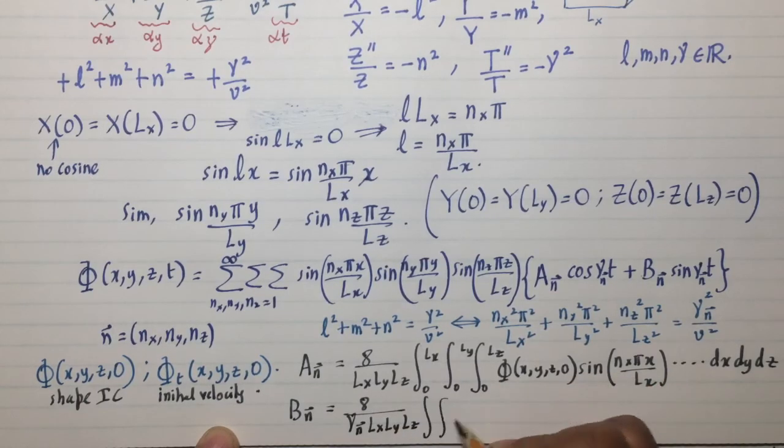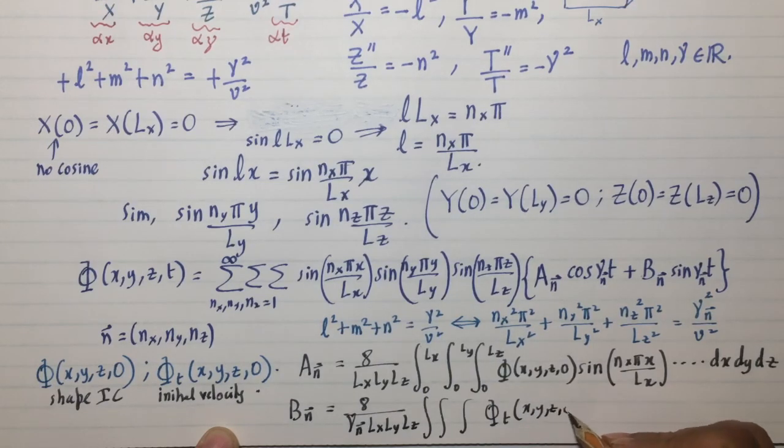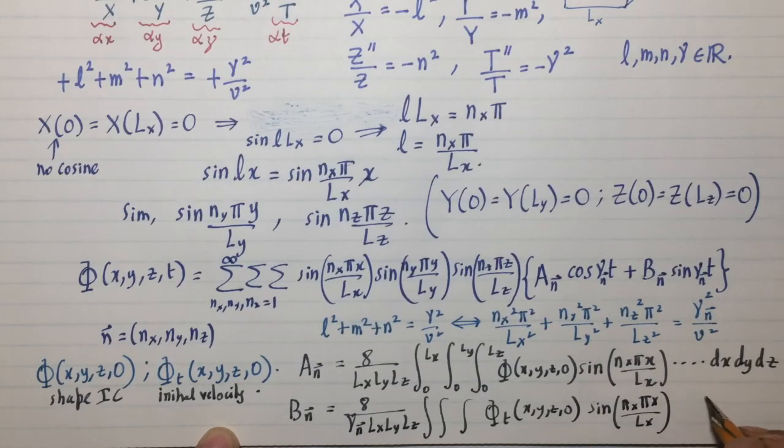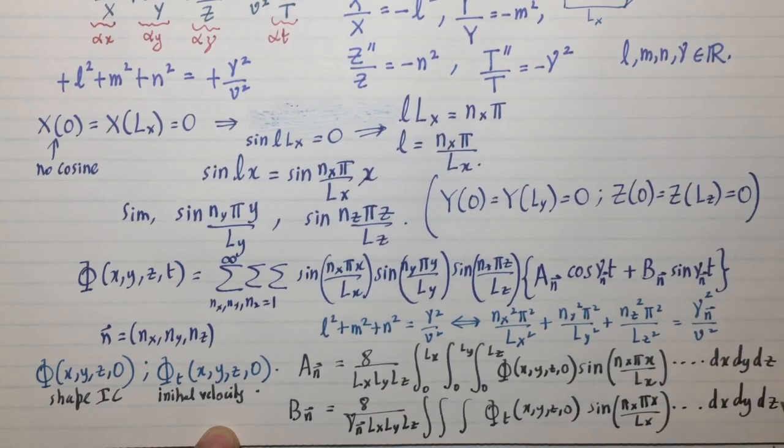And then pretty much you'll have the same triple integral, but now with this initial velocity condition, x, y, z, 0, and then all the sines again: nx pi x over lx times ny pi y over ly times nz pi z over lz. I won't write all that. dx, dy, dz.